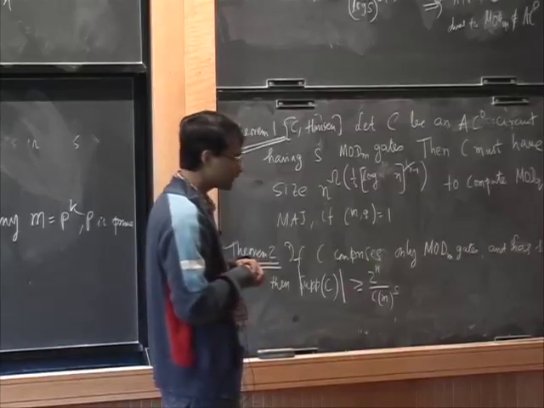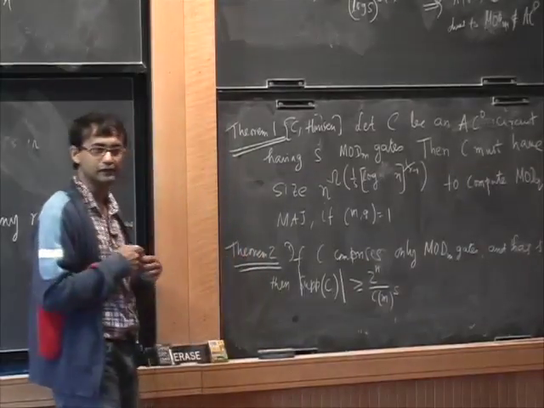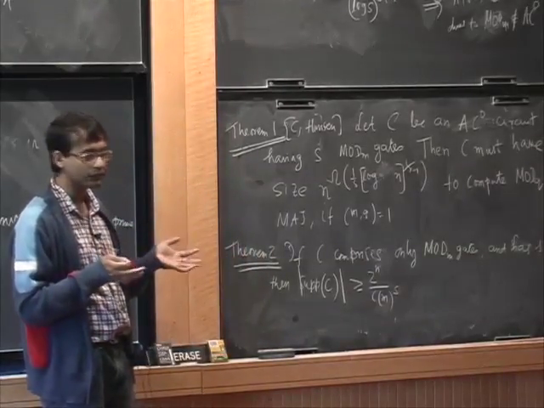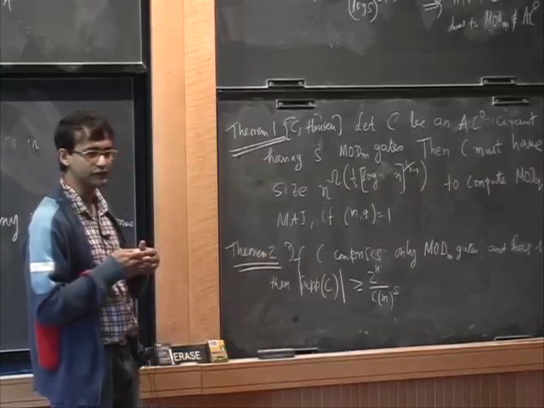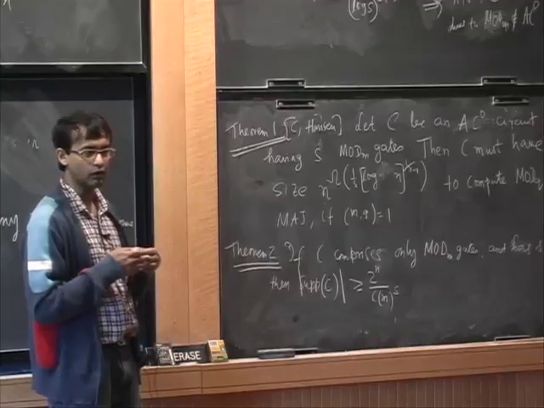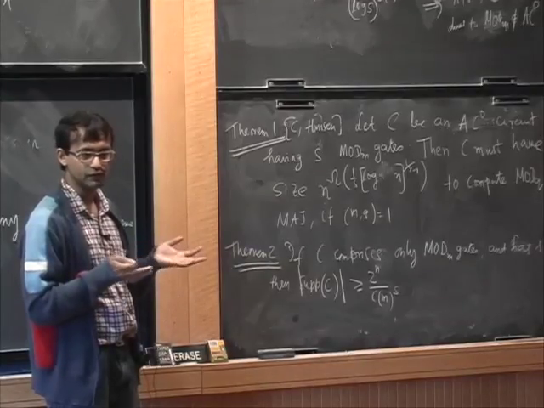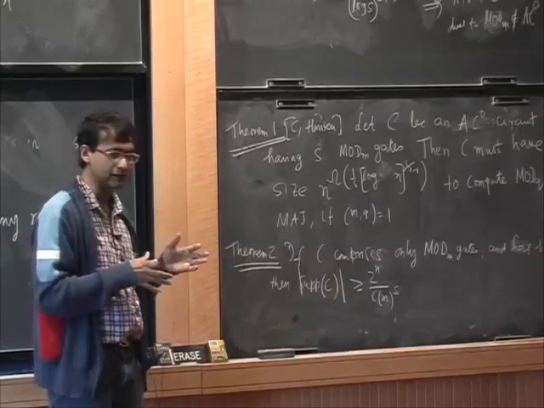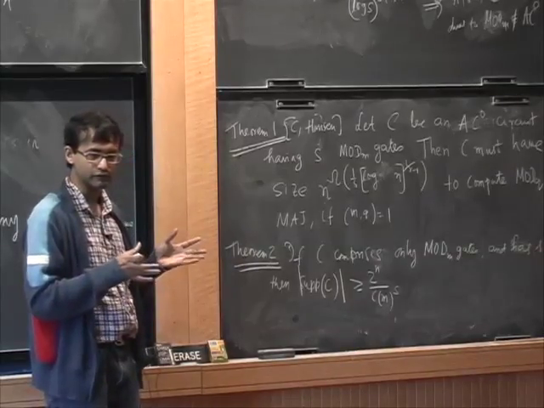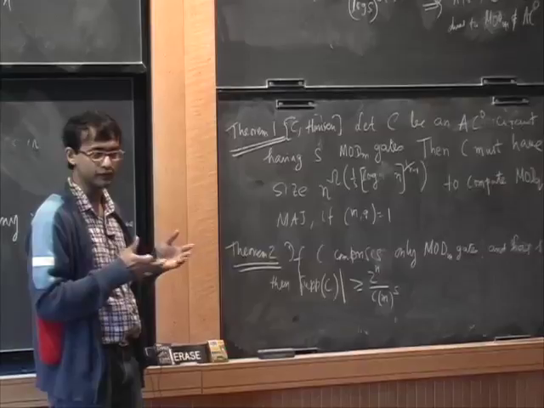Which is interesting because, as Pavel was telling me the other day, if you look at formulas of depth log n, and if you include parity gates in your formulas, then you have no interesting lower bounds.